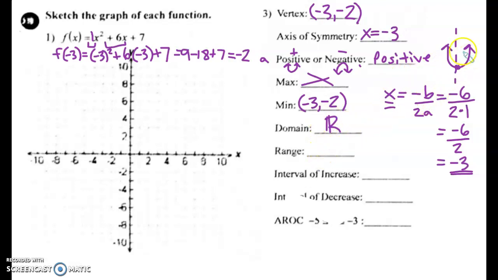Range. Can I box this in top and bottom? Well, if we look at the bottom, I can box in the bottom because it doesn't go down forever. So I can box it in right here at that bottom, and it cuts through the vertex because that's the lowest point. We said it was our minimum. So remember, when we're doing range, range is our y value.